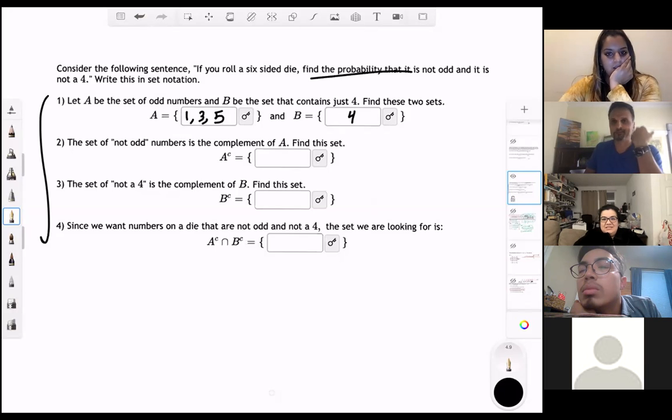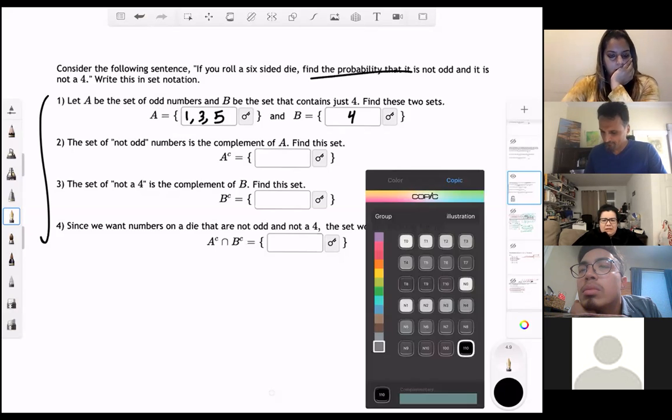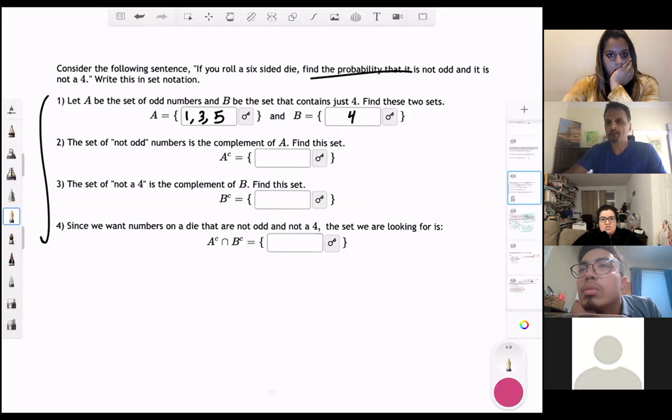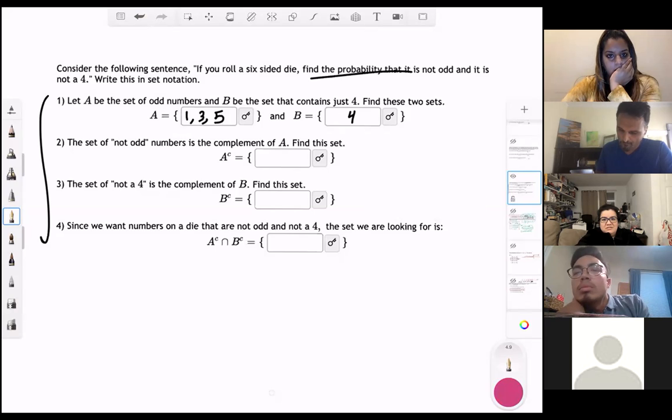We find 2 sets. Number 2, the set of not odd numbers is the complement of A. What is the complement of A? 2, 4, and 6.